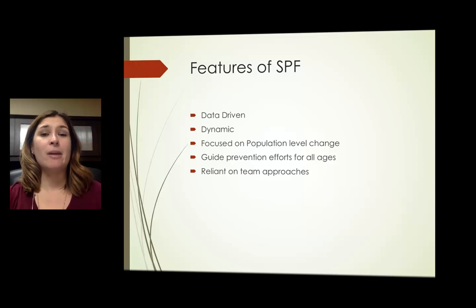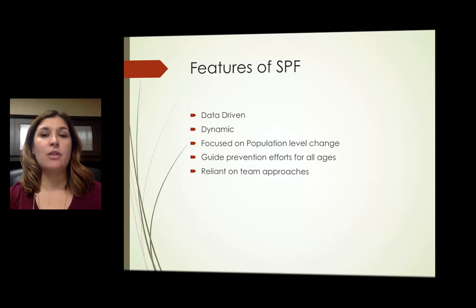The prevention program also needs to be focused on changing the population and not just the individual. This is why multiple strategies in the prevention program are needed to address as many risk factors and protective factors as possible. Prevention planning should focus on all ages, not just adolescents, which was the traditional view.